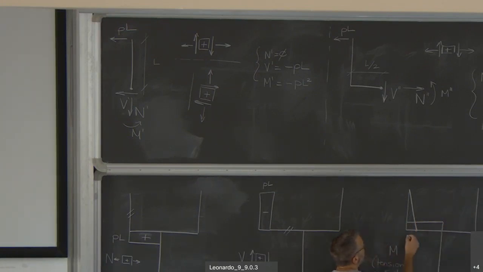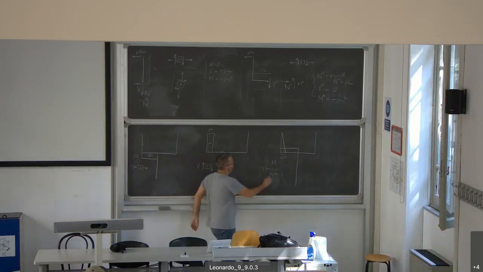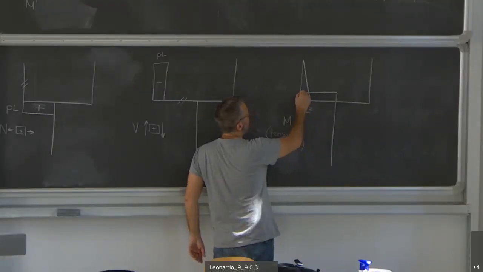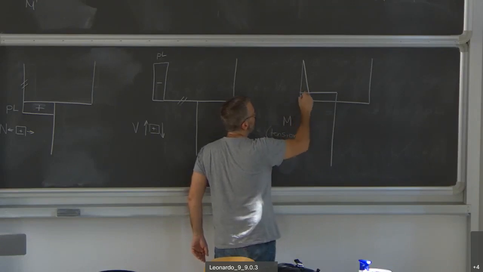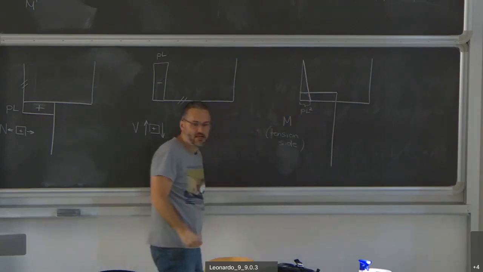And the only thing I need to specify is this value, PL square, because the direction or the sign is given by my convention, and the fact that I take this value and I bring it here immediately tells me that there is no discontinuity, so this value PL square is also this value here, okay?